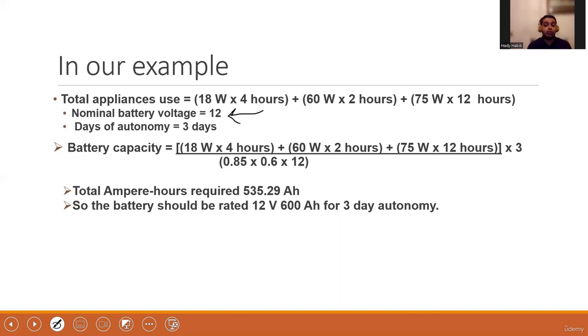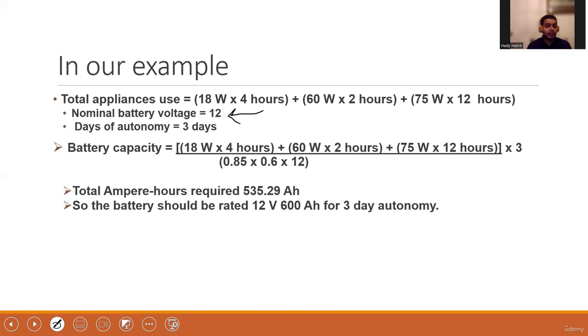We will see how to select the optimal battery voltage or system voltage of the DC side. We assume the days of autonomy of our location is 3 days. In fact, it depends. Here in Egypt, we assume 1 or 2 days. In Europe, I think there are maybe 5 or 6 days. It depends upon the location.